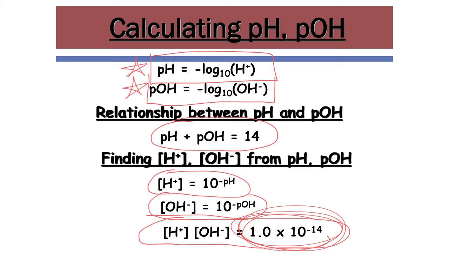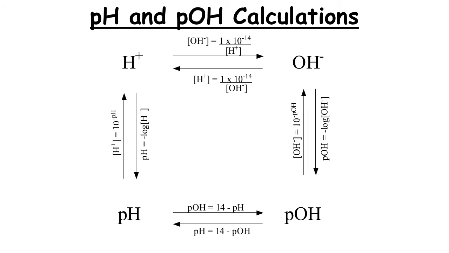So basically, if you know one thing, you can figure out everything else. All of these formulas are on your reference table, and we're going to become very good at this throughout this unit. This here is just showing, if you have one, you can figure out the other, and we'll be working through a couple of examples to work on these skills.